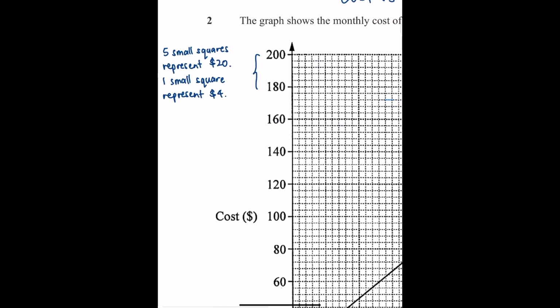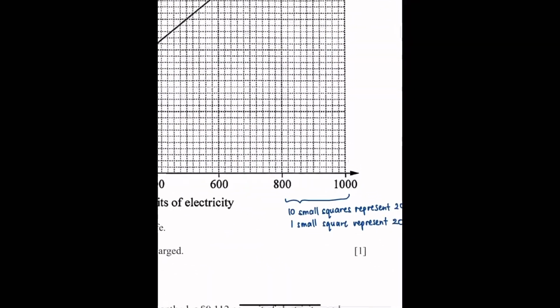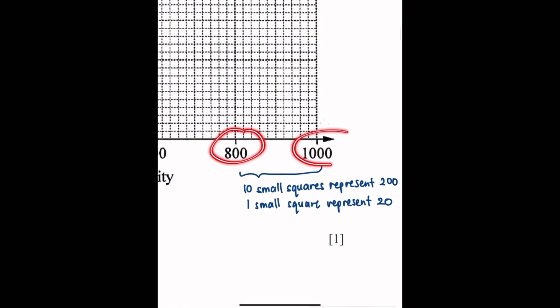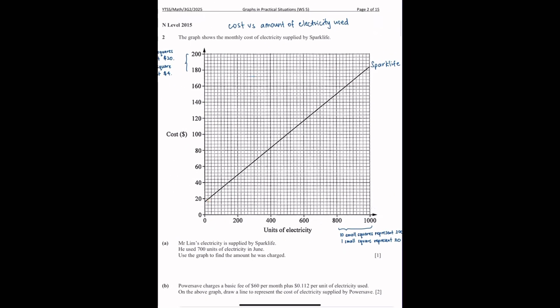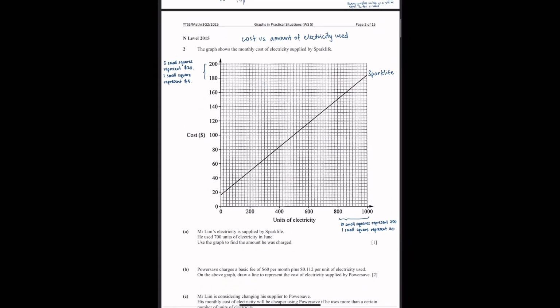For the vertical axis, 5 small squares represent $20, so one small square represents $4. For the horizontal axis, from 800 to 1000, there are 10 small squares that represent 200 units, so one small square represents 20 units of electricity. The line here is for Sparklife.